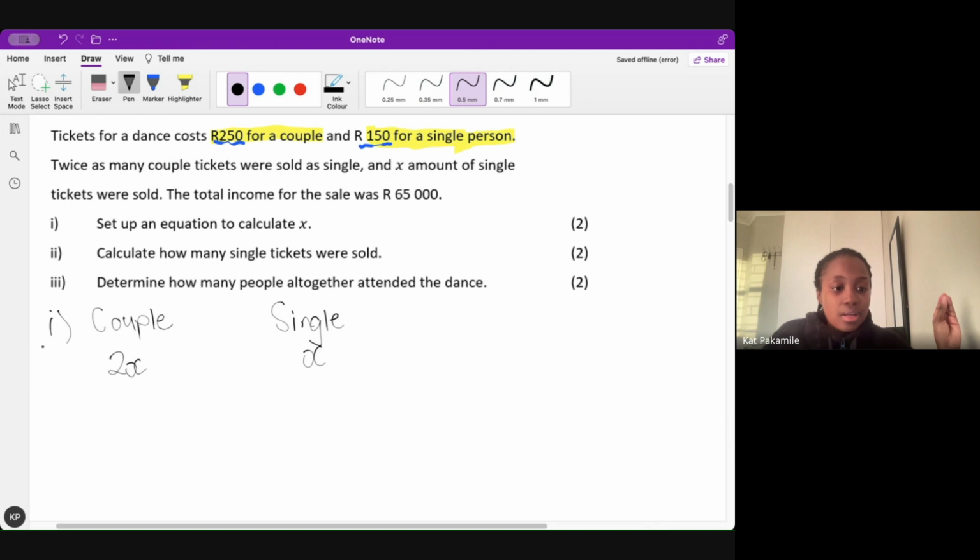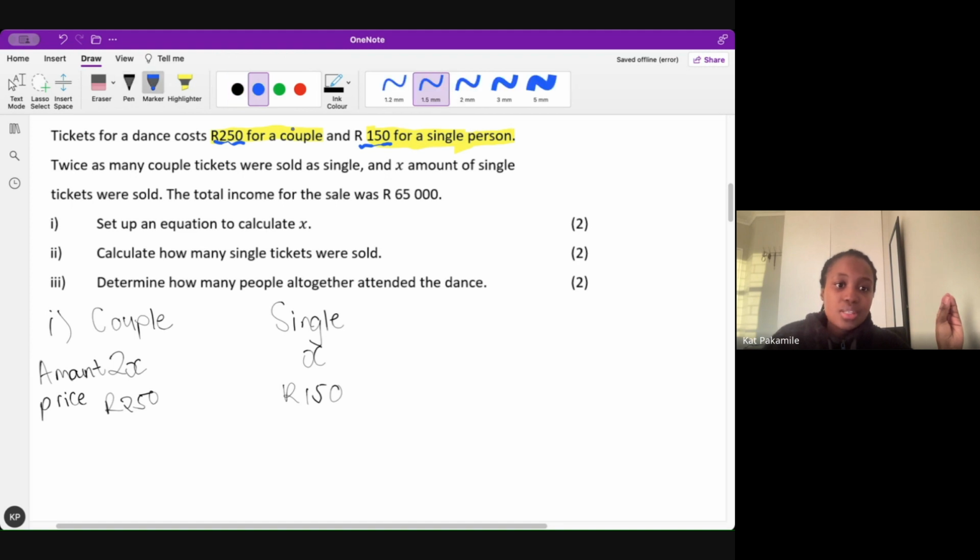This is the amount of tickets sold. And then the price, as we were told, one couple ticket is 250 Rands and a single one is 150 Rands. Now we need to set up an equation where all of these tickets will amount to 65,000 Rands.